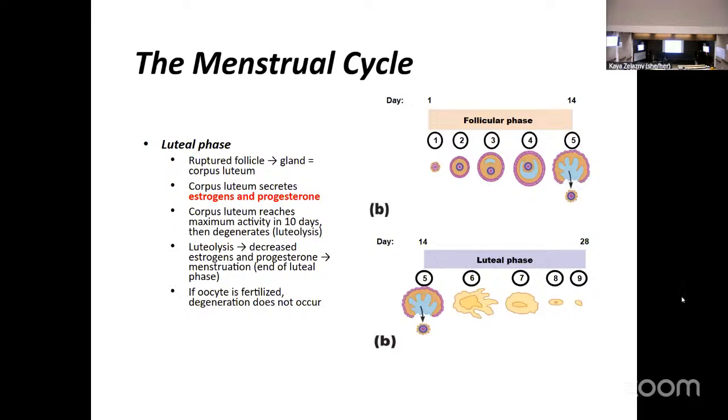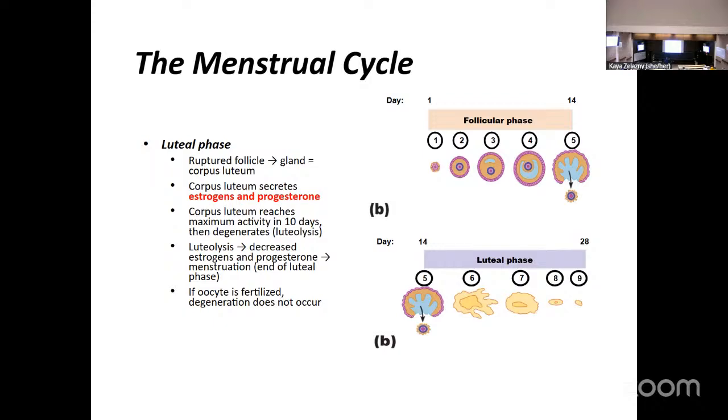Okay. After ovulation, when we go into the luteal phase, we're going to be left with the remains of our follicle, right? So we're going to release our oocyte into the female reproductive tract. This is going to get caught by some fimbriae, enter the fallopian tubes, and head off to the uterus. But we still have the rest of the follicle sitting in the ovary.